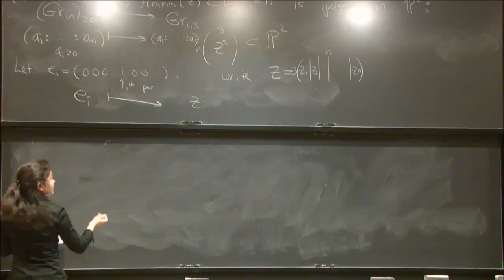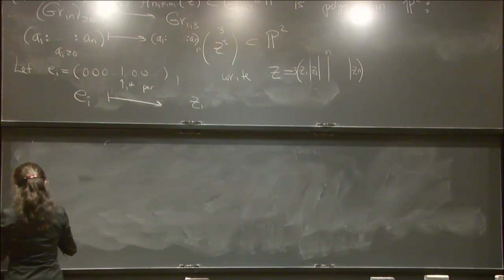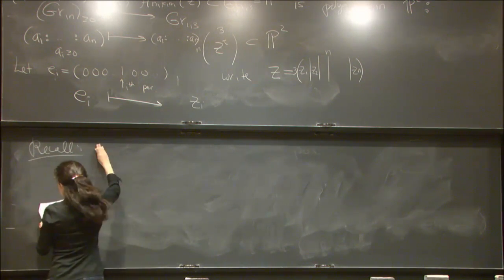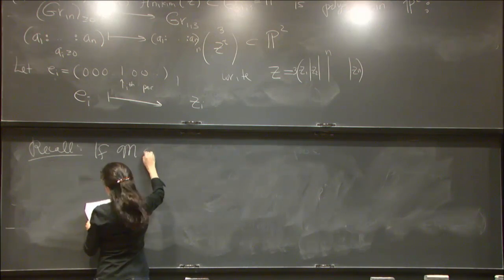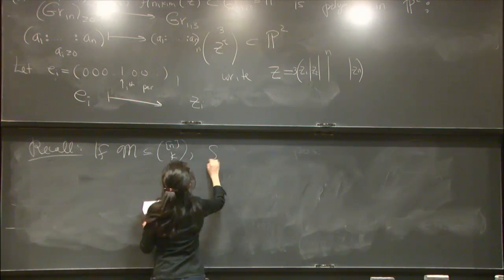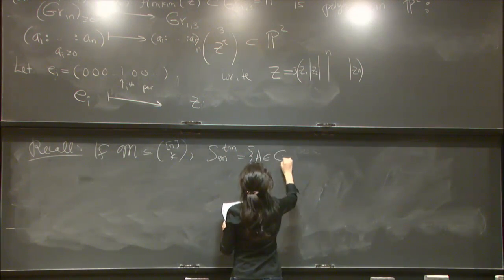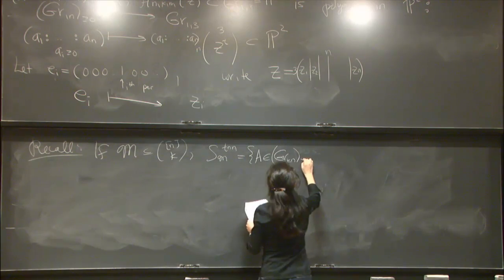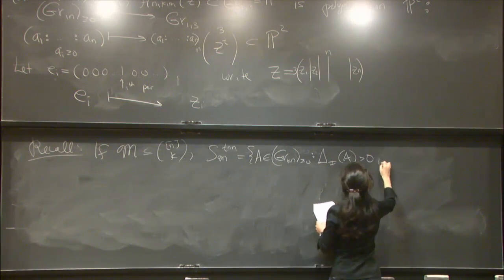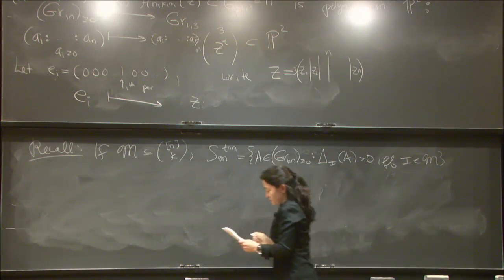Okay, so let me talk about the case k equals 1 and in what sense the conjecture is true. Let's recall that if M is a collection of k element subsets of 1 through n, then S_M^{>0} is the set of elements in the non-negative Grassmannian where Plücker coordinates are positive if and only if I belongs to that collection.